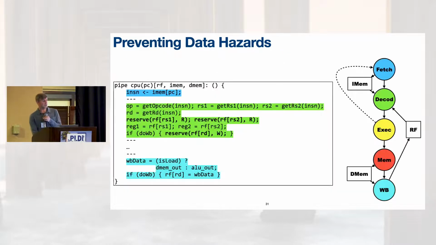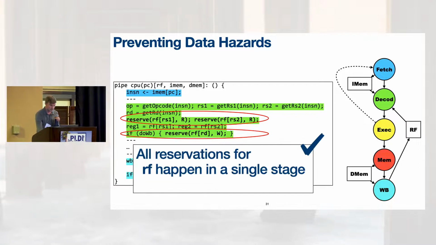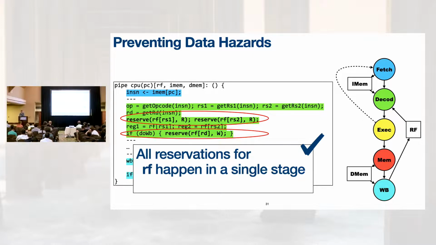So just to give a quick example of what this looks like in code, this is not quite correct, but correct enough for the example. You'll notice we're doing our reads in the green stage, we're doing our write in the light blue stage, but all of the reservations are happening here. We have 2 read reservations and a conditional write reservation, depending on whether the instruction actually writes something or not.